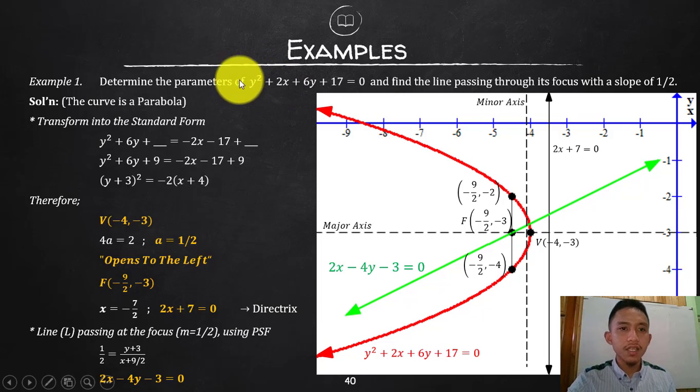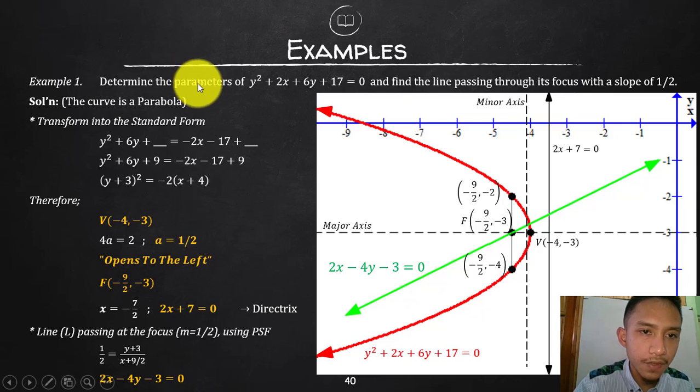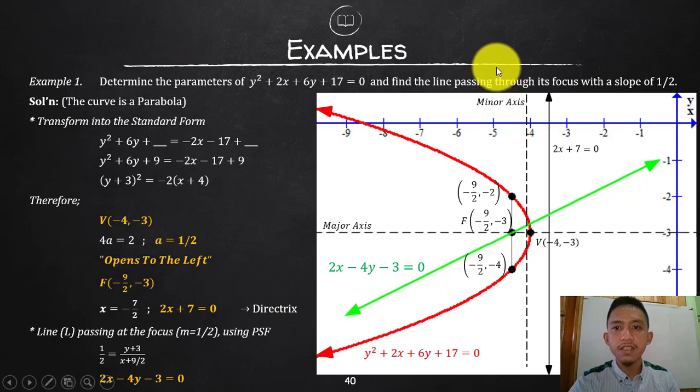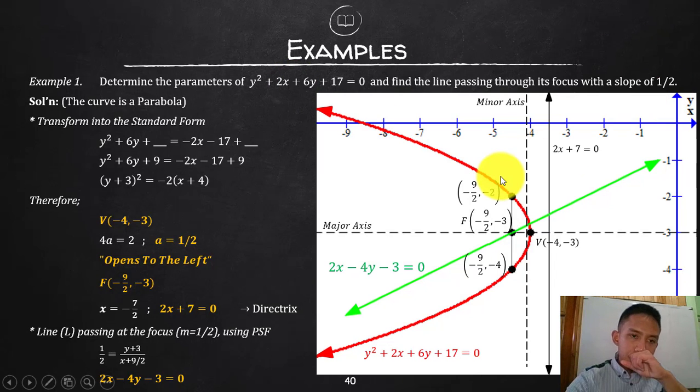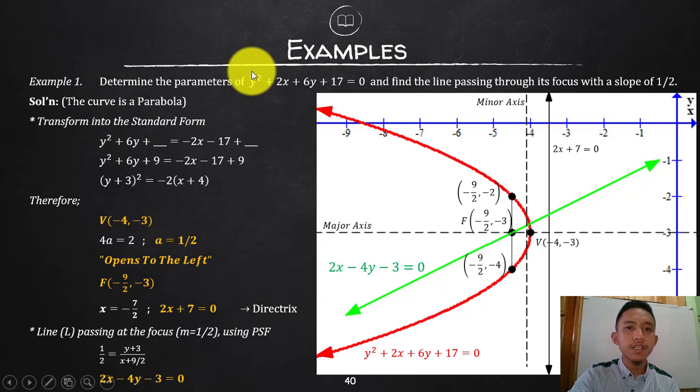Okay. So again, determine the parameters. So first, find the parameters of that parabola, and then, of course, we will also find the equation of a line that is passing through its focus and with a slope of 1/2. So transform. Since we already recognize that that is a parabola, transform that into the standard form of a parabola.